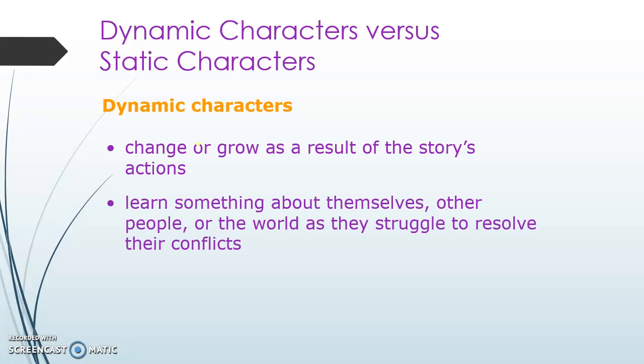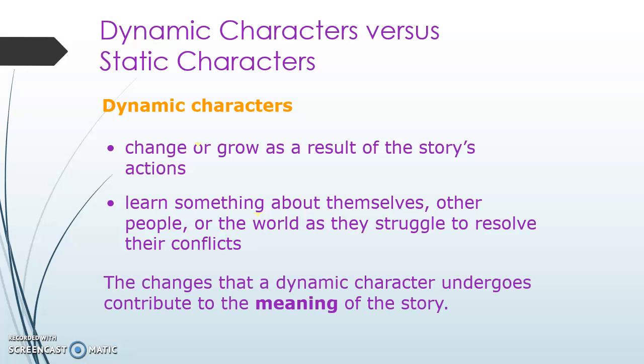Dynamic characters will also learn about themselves, as would a complex character. They're going to learn about themselves or other people or the world. It is through the complex characters, the dynamic characters, and the round characters that we get to learn our lessons. And we know the theme is the lesson of the story, the moral in the story, and a universal moral.